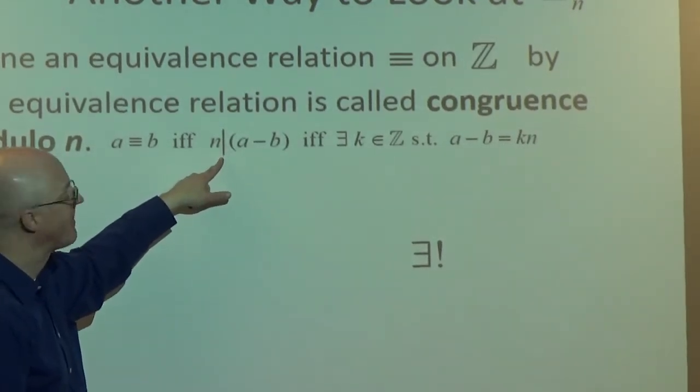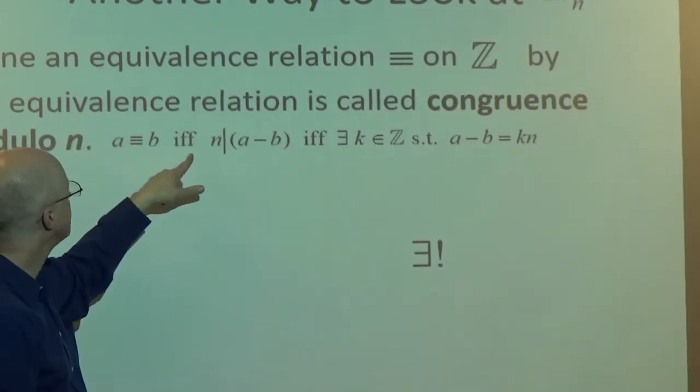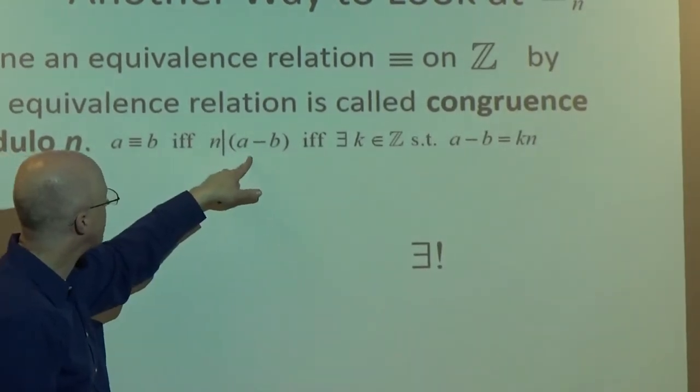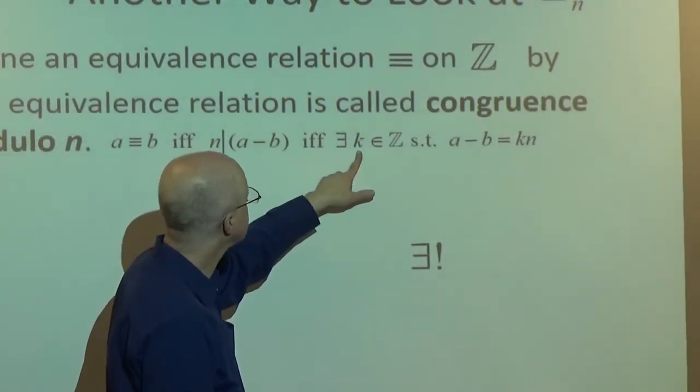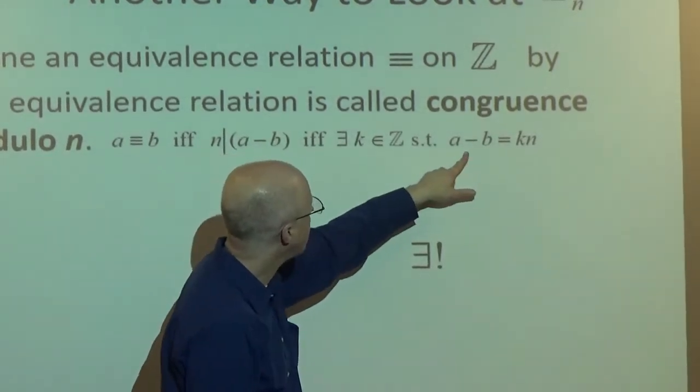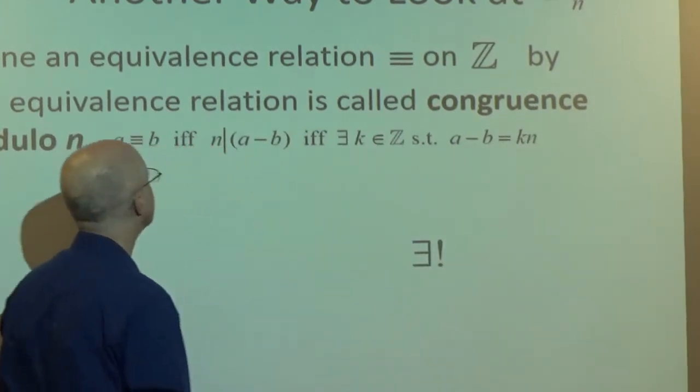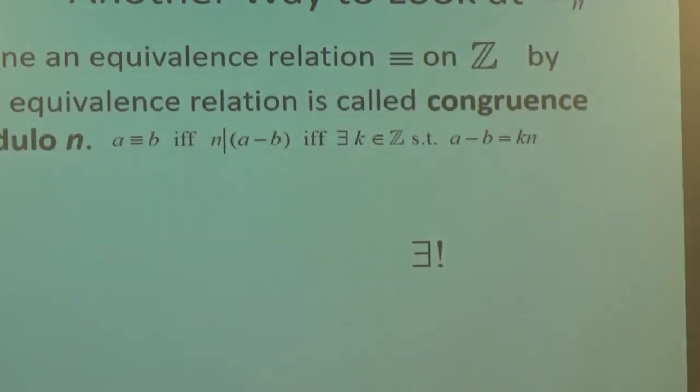Divides. That is equivalent, if and only if, to saying there exists another integer k so that A minus B is k times n. I could have used just one of those if and only ifs. I chose to put them both because they're both helpful ways of thinking about it.